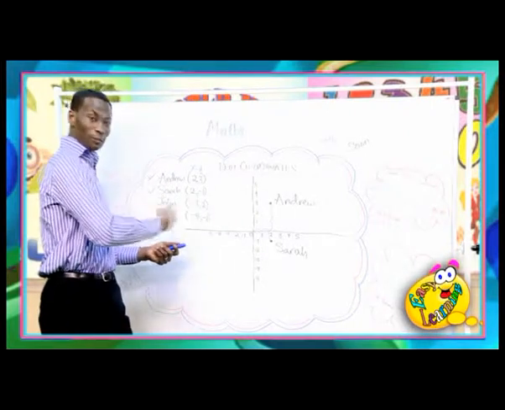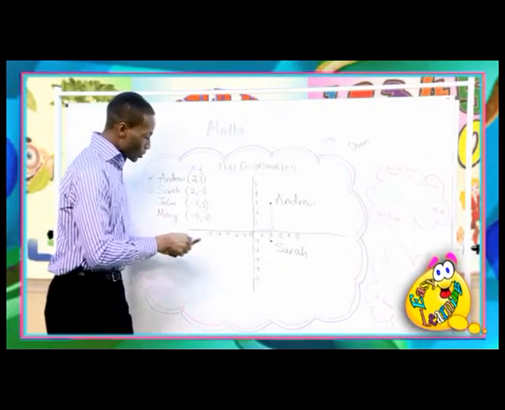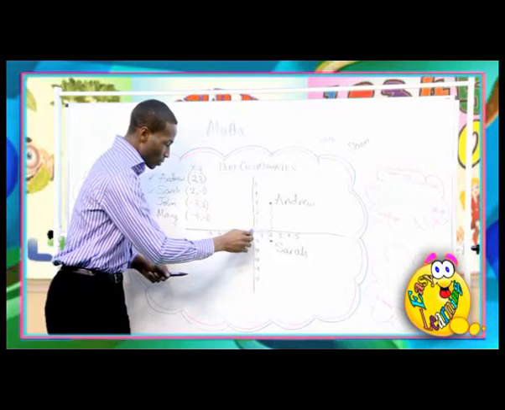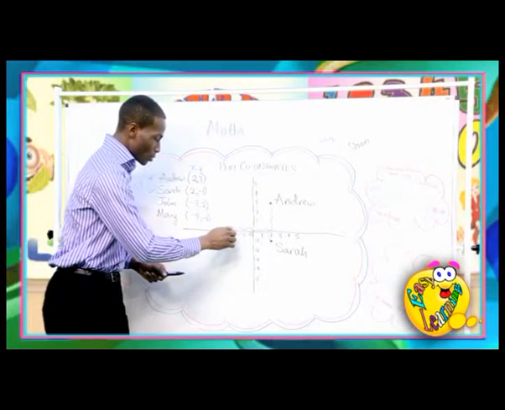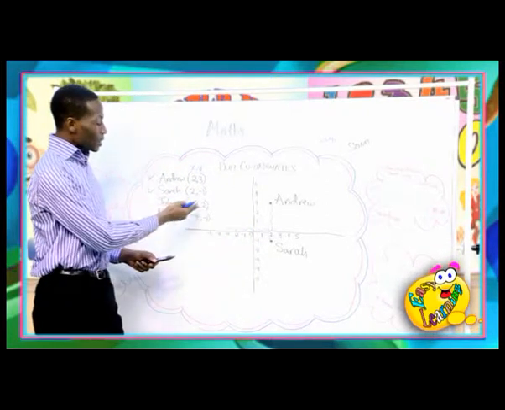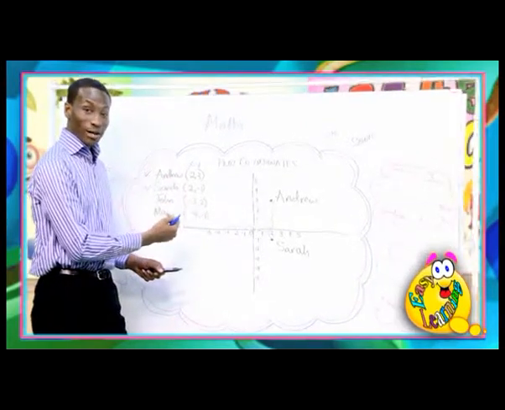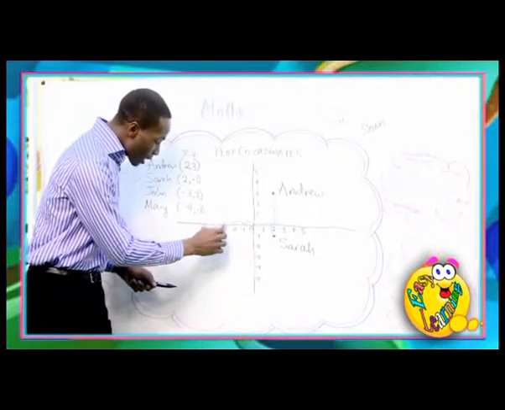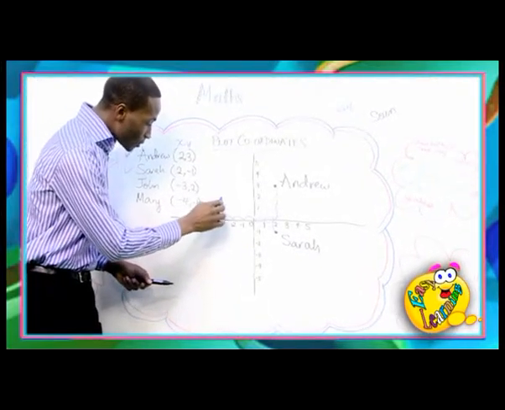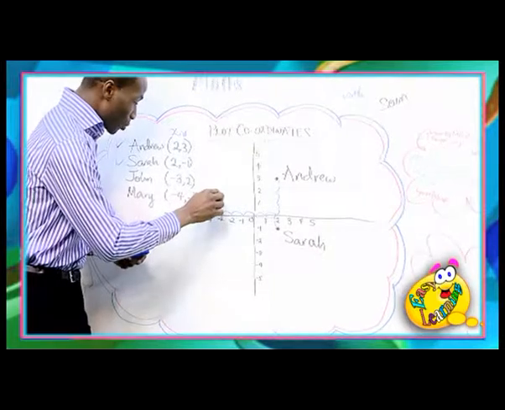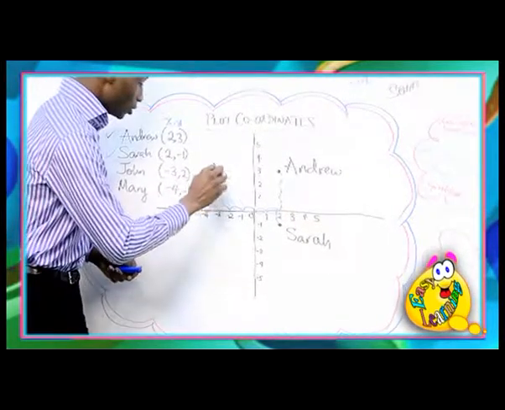That means we're moving towards our left. So minus 3, let's move. That's 1, 2, 3. And then he moved 2 steps in the positive y direction. That's why it's a 2. And we move 1, 2. That's the point for John.